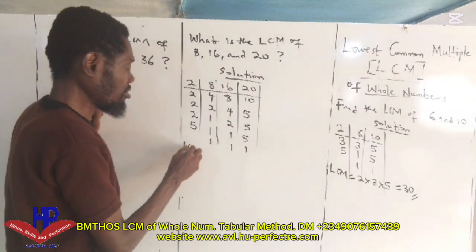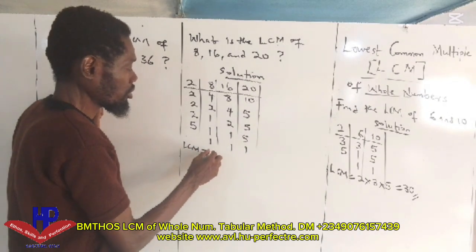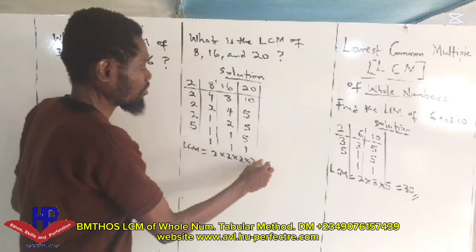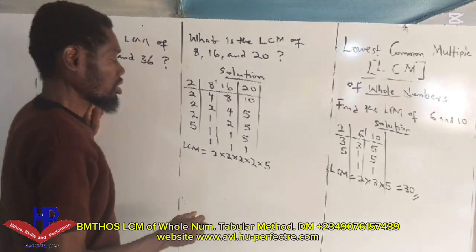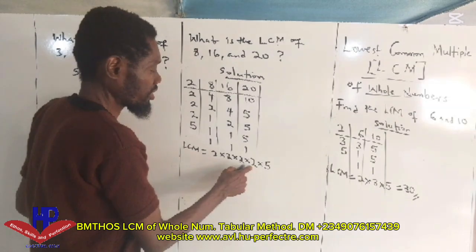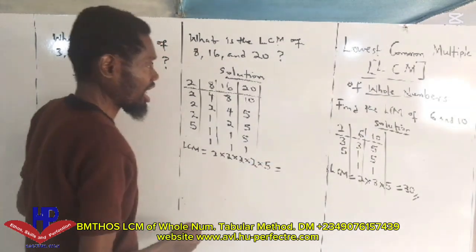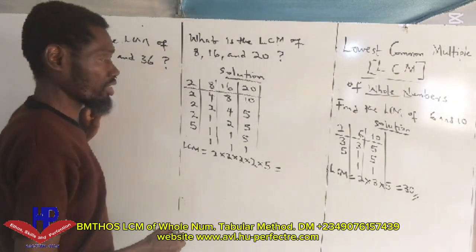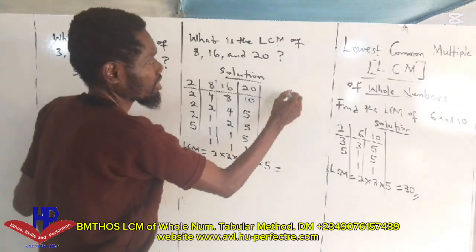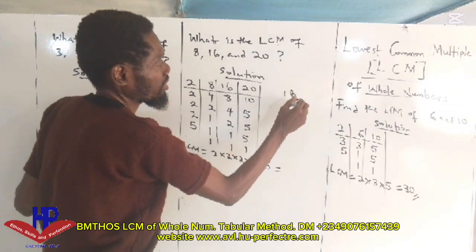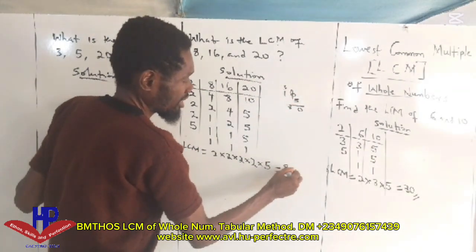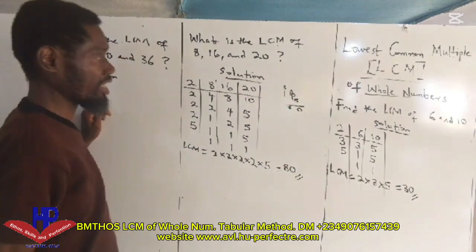So our LCM will be 2 times 2 times 2 times 2 times 5. 2 times 2 is 4, 8, 16. 16 times 5, this is 30, carry 3, 16 times 5 is 80, so our answer there is 80.